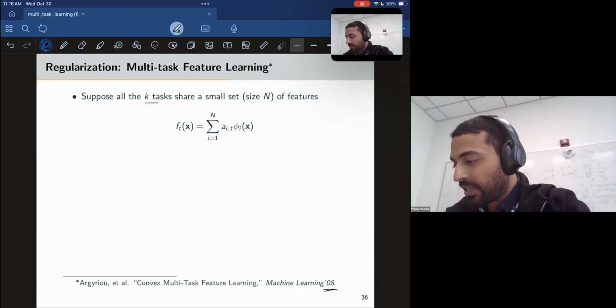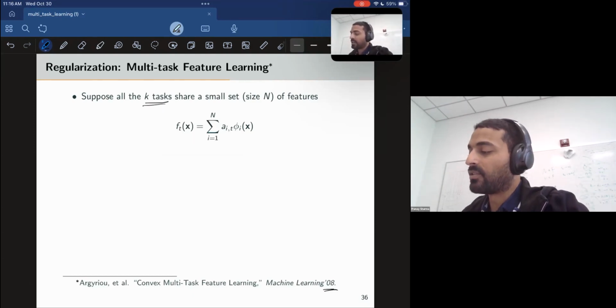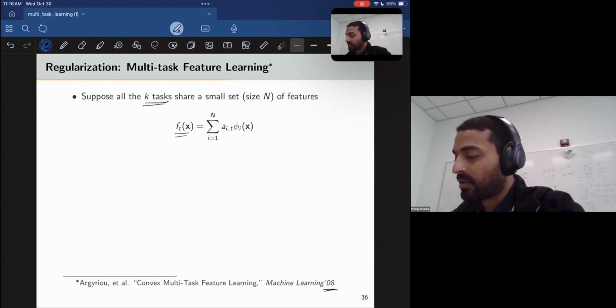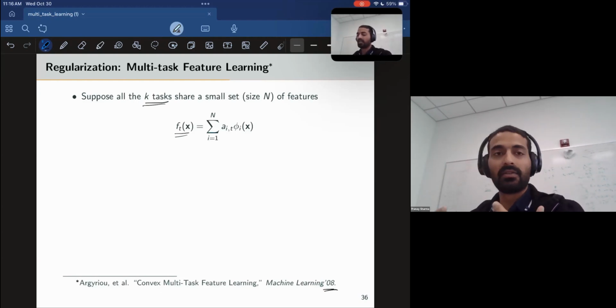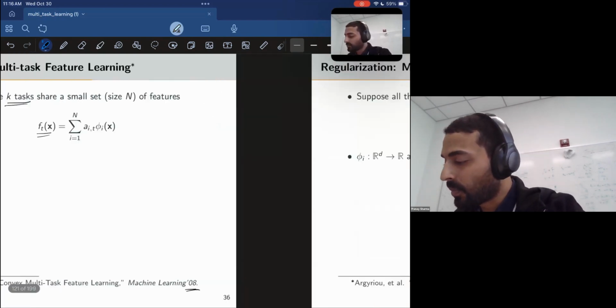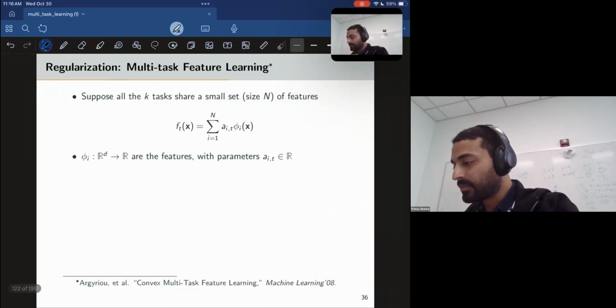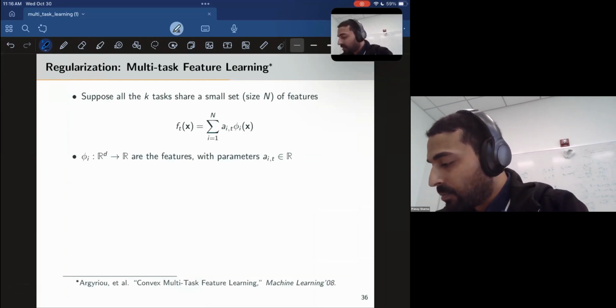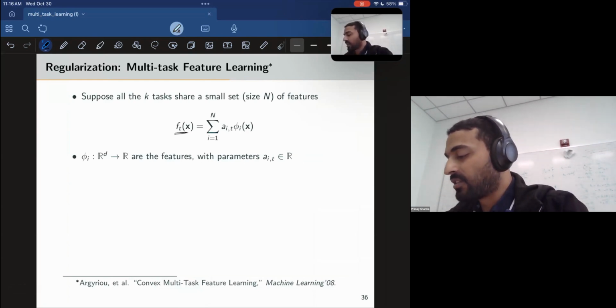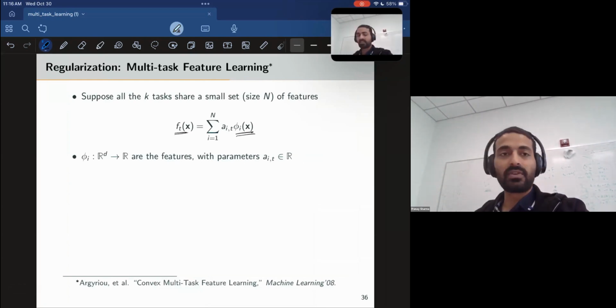Suppose we have K tasks as earlier, and we want to learn some small set of features. For task T, we want to learn the model, and phi I are the features we are working with.